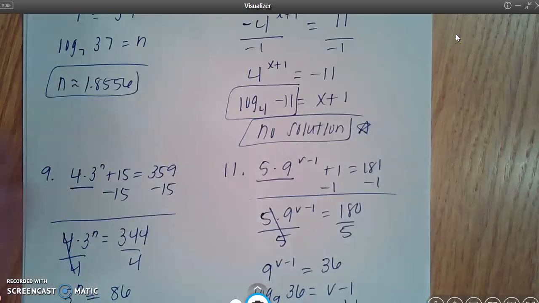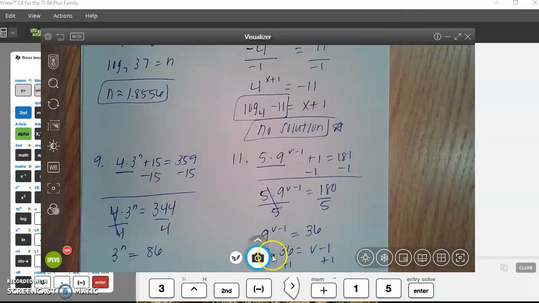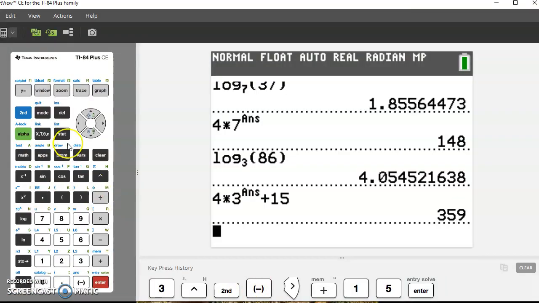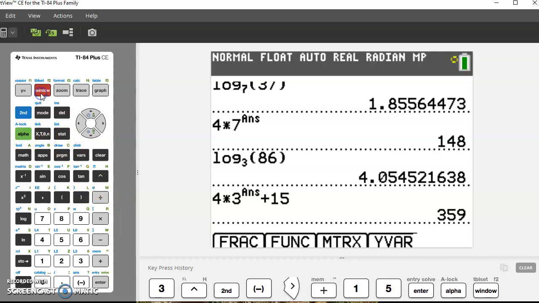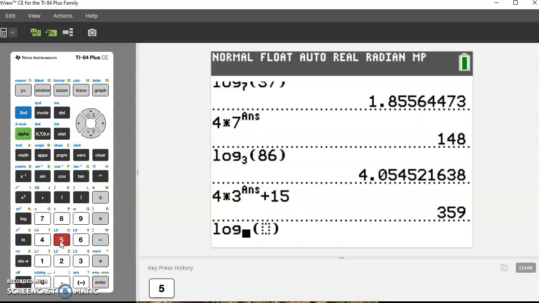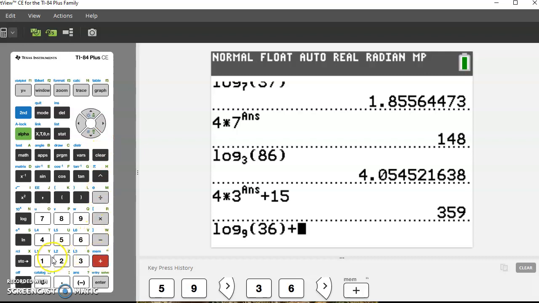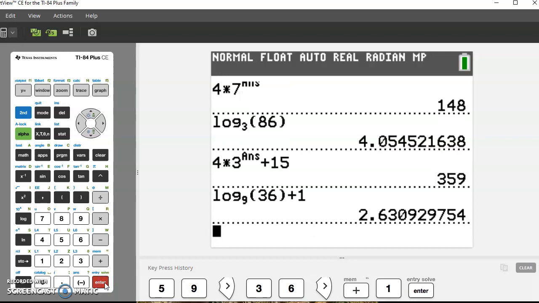Okay, so when I go to plug this into my calculator, alpha window number 5, we have log base 9 of 36, arrow to the right, and then we'll do plus 1. So once again, that plus 1 is outside of that parenthesis, and you'll get an answer of 2.6309.